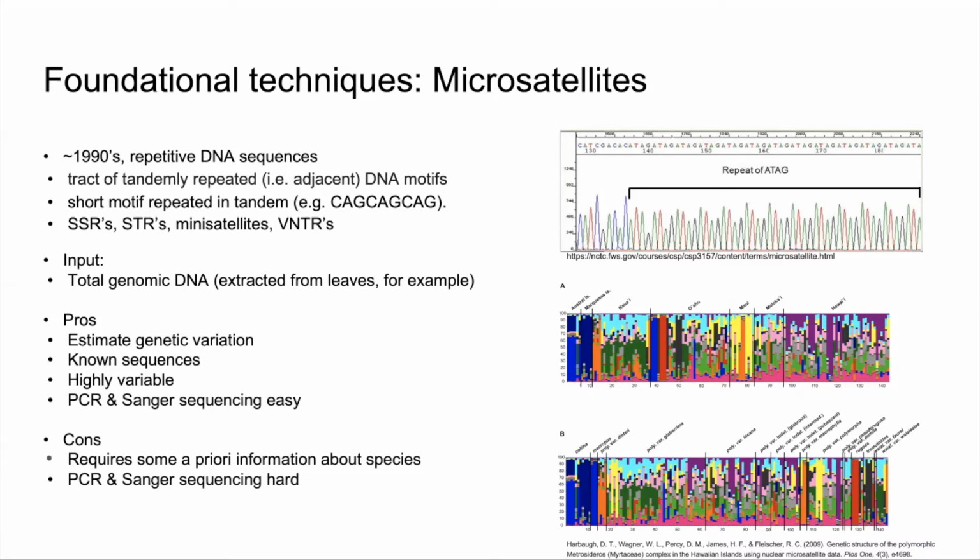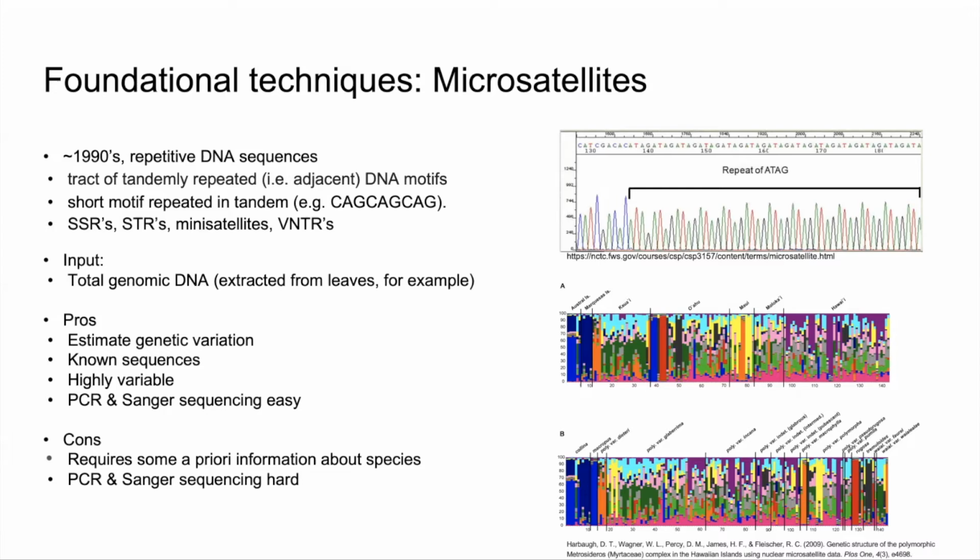This method is PCR based, or polymerase chain reaction based, and uses Sanger sequencing. And PCR and Sanger sequencing are relatively simple techniques. They can be easy depending on how comfortable you are with the methods and your familiarity with troubleshooting those methods, but they can also be hard. So I had it as both a pro and a con.